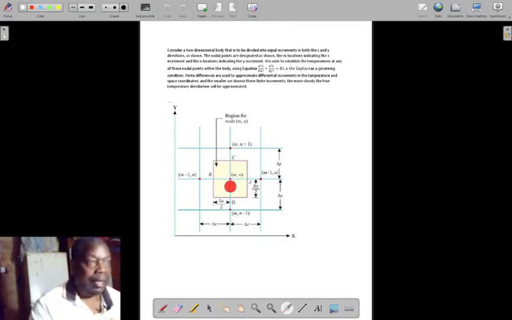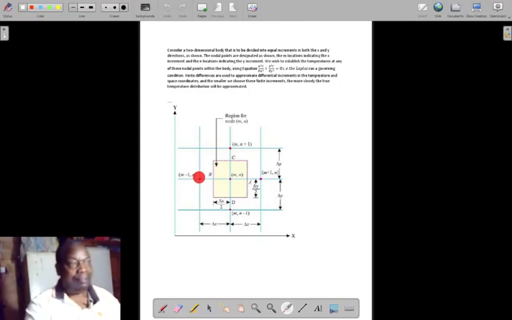So our x coordinate remains m, but our y coordinate becomes n plus 1. For that node there, we've moved 1 unit to the left of our main node, but we've not moved in the y direction.